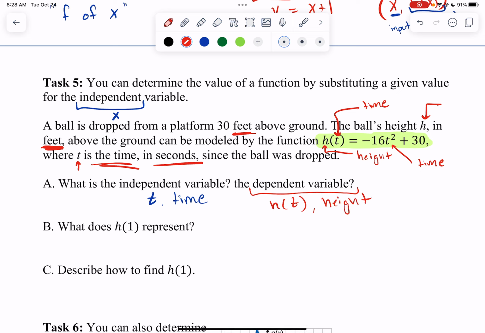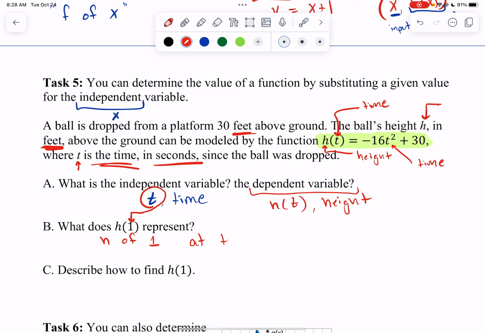So if I know the time, I can find the height. And this is read as h of 1. If you look at my equation, it's h of t. Here my t is replaced with a 1. So 1 is the time.